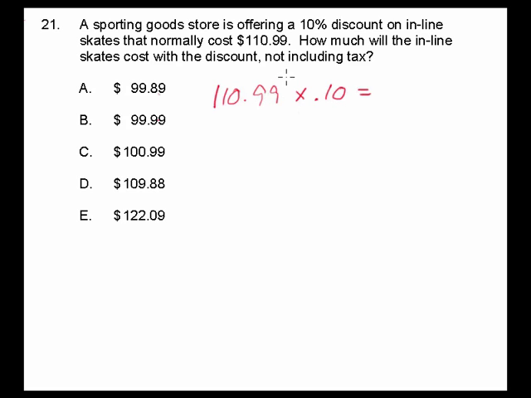We take our full price, multiply it by the 10% discount, and if you punch that in the calculator, you'll get 11.099. Since we're dealing with dollars and cents, we need to round this up, right? So that's going to become 11.10.